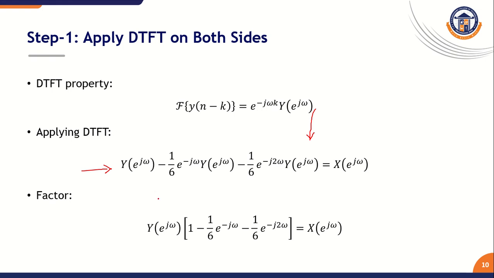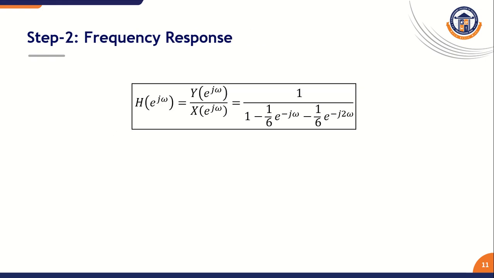So here, on the left hand side we can take the common term capital Y of e power j omega into 1 minus 1 by 6 into e power minus j omega minus 1 by 6 into e power minus 2 j omega, that is equal to capital X of e power j omega.